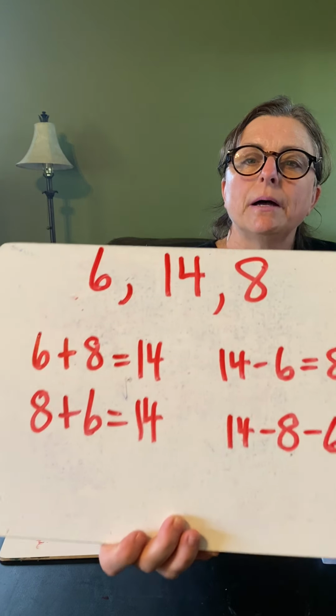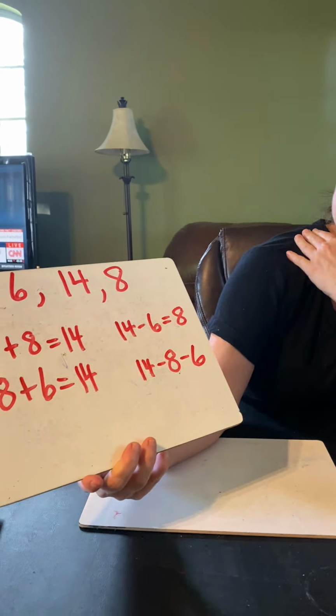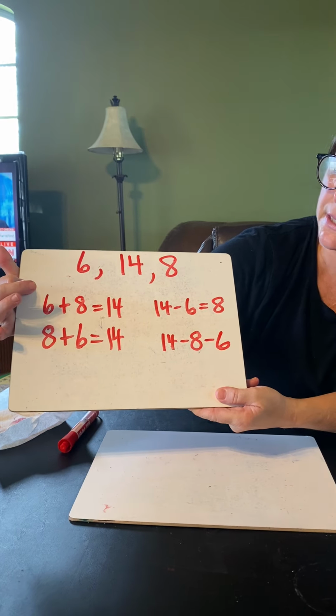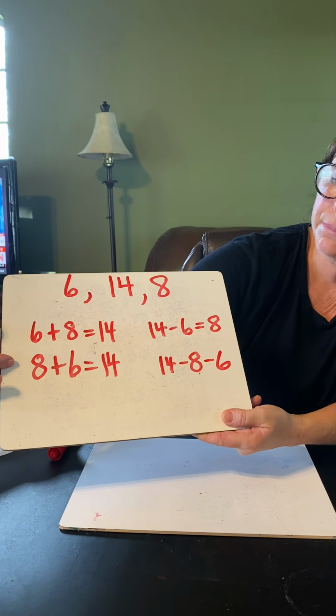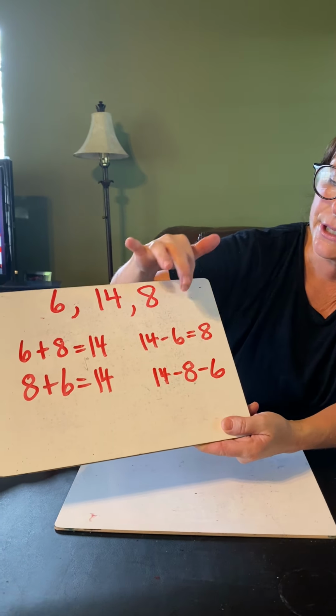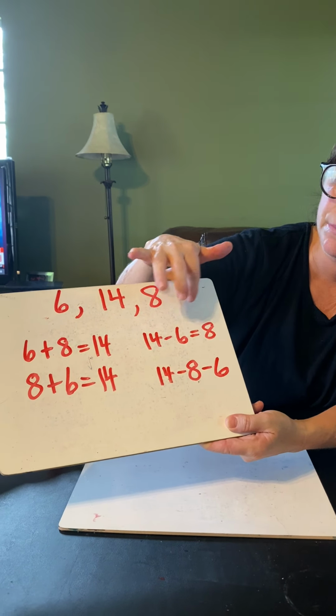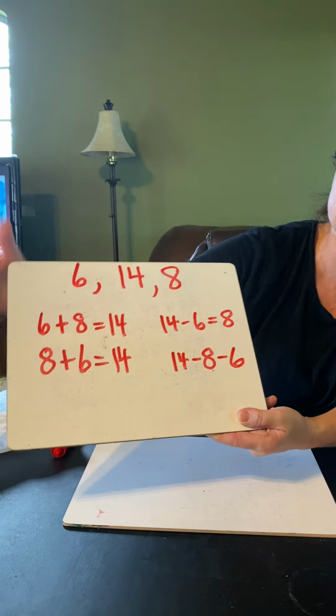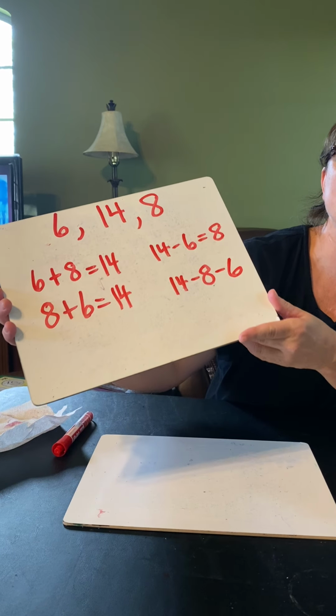If this is what you came up with, you are correct. Our 2 addition problems, 6 plus 8 equals 14, 8 plus 6 equals 14. Our 2 subtraction problems, 14 minus 6 equals 8, and 14 minus 8 equals 6.